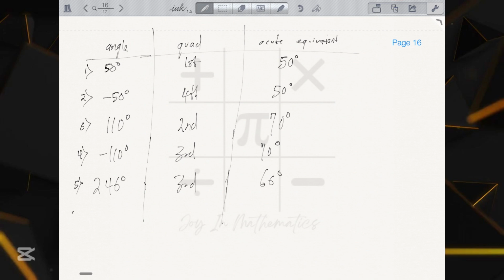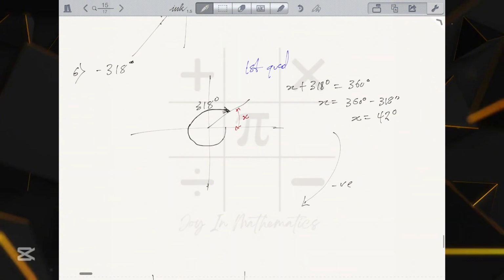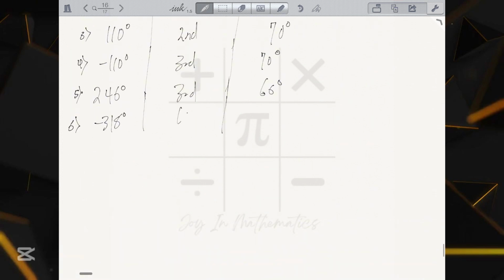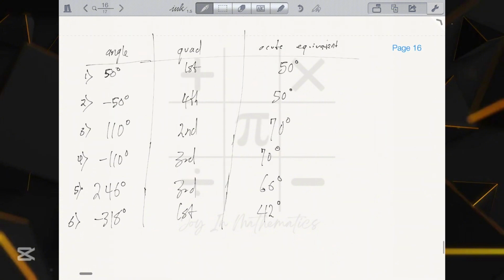And finally, we have minus 318 degrees, which is represented in the first quadrant because we considered the negative angle moving in the clockwise direction, and it has an acute equivalent of 42 degrees. So we can see how it is necessary for us not just to know the direction of the angle, but also to know the acute angle equivalent of that angle.